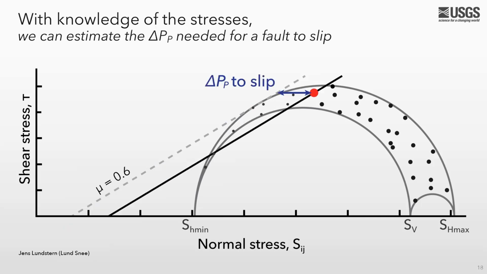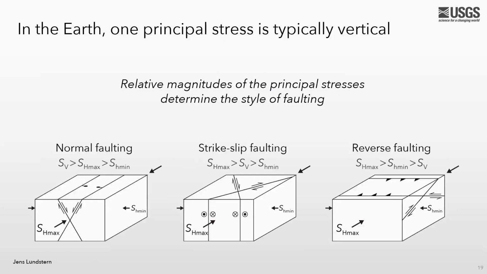And if you keep doing it, let's say a fault fails, you might have an orientation for that fault based on a focal mechanism, or aligned groups of events like we were talking about for Oklahoma earlier. So if you know its orientation and the state of stress, you can estimate the amount of pore pressure that would have been required, at least, to bring it to the failure line. So that's useful.